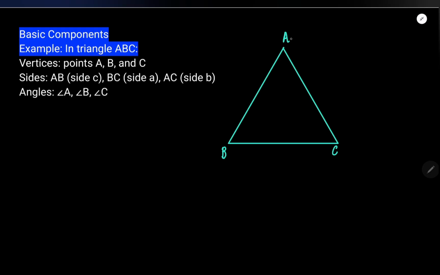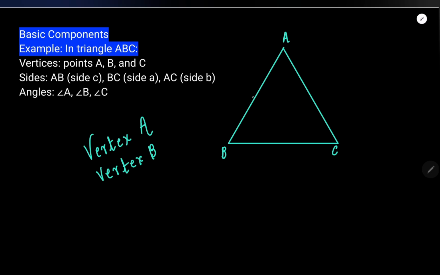So these A, B, C are known as vertices. If I say singular, I will say vertex A, vertex B, vertex C. Vertices is the plural of vertex.